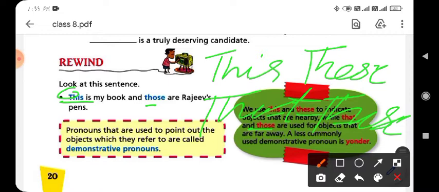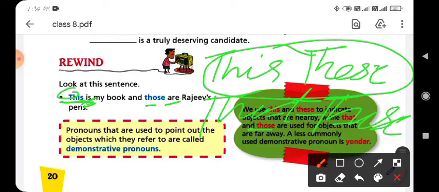If you look in a sentence, this, that, those, etc. are the words in the sentence, but after these words you have to see a helping word like is, are, was, were, has, have, etc. It means if the demonstrative word is used before the verb or helping verb, then in that sentence the word will be a pronoun, a demonstrative pronoun. It is an easy trick to understand and identify the pronoun. What kind of pronoun? Demonstrative pronoun.